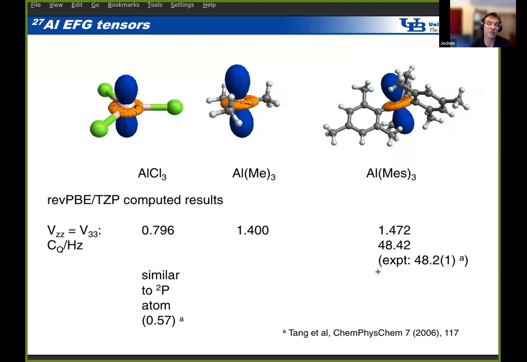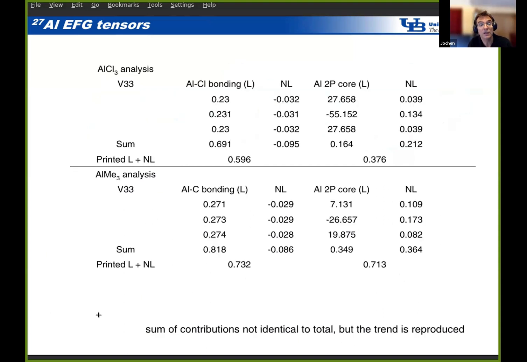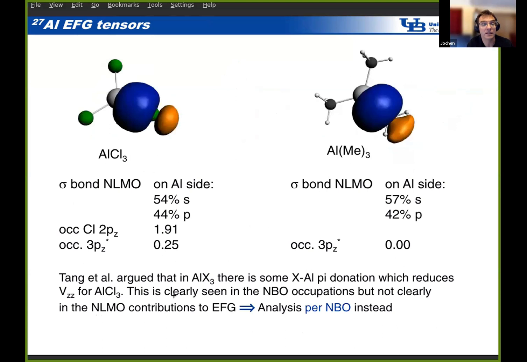And so you may ask the question, why is the field gradient in this chloride complex so much smaller? So we can do the analysis now with NBOs and NLMOs. There are bond contributions, there are lone pair contributions. Let me see if I have this on the next slide. So in each sigma bond, we have a contribution to the field gradient.